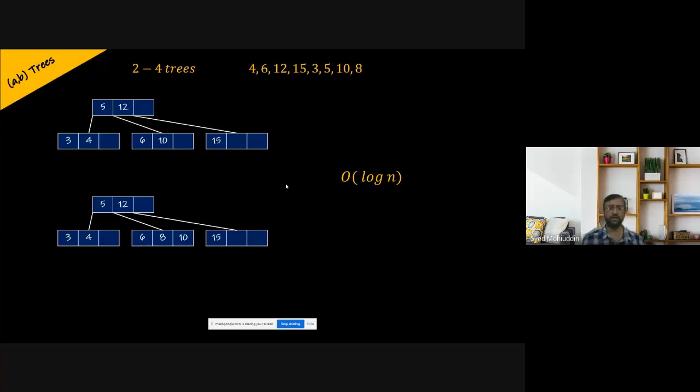But in multi-way search trees, or in 2-4 or AB trees, because a node can have at least A children and at most B children, the number of keys we can store is between A minus 1 and B minus 1. That is how the number of nodes we need will be less and it will consume less space, whereas giving us the same time complexity of log n.